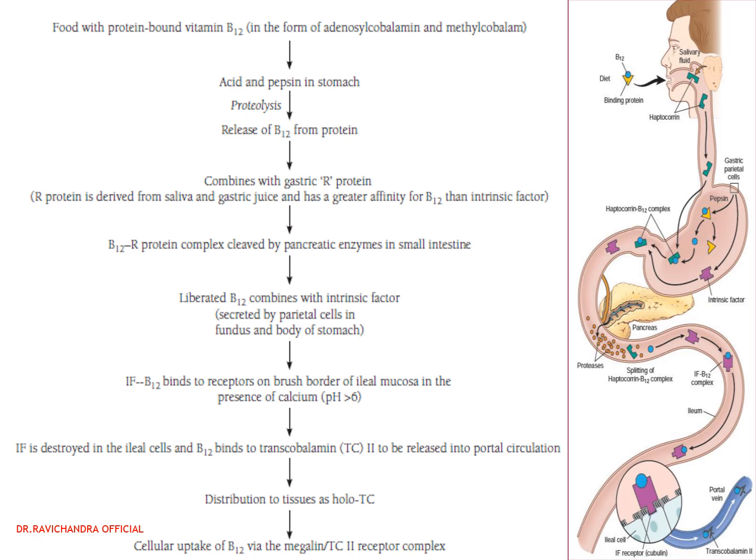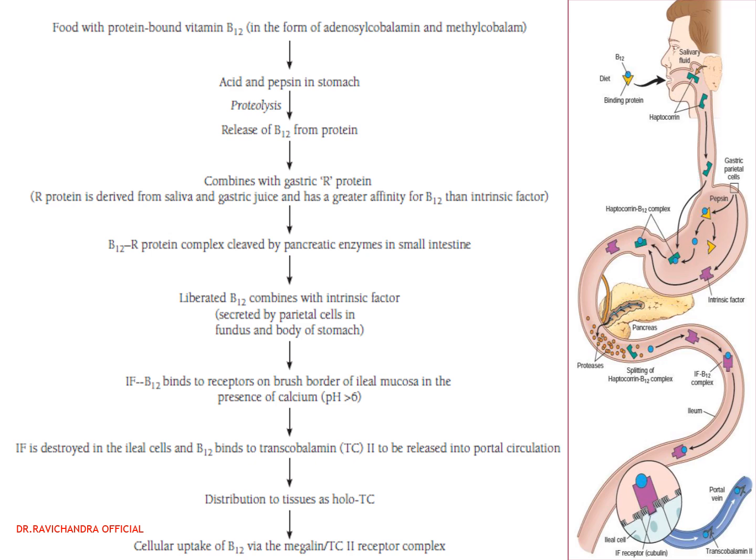After the intrinsic factor is destroyed, it is carried with transcobalamin 2 and distributed to the tissues as holotranscobalamin, and further into the cells using the megalin or transcobalamin 2 receptor complex. So derangement at any step may cause B12 deficiency.